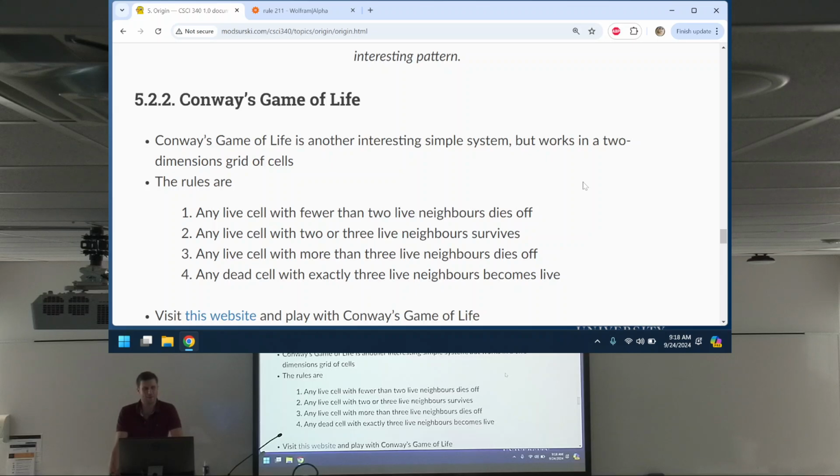Know what Conway's Game of Life is? I'm certain you're aware of it, but we never really talked about it in too much detail. So Conway's Game of Life is like this cellular automata, okay? It's just like that, but in 2 dimensions.